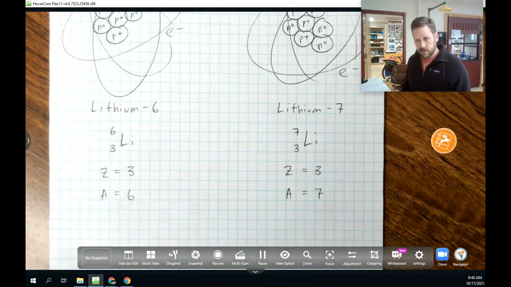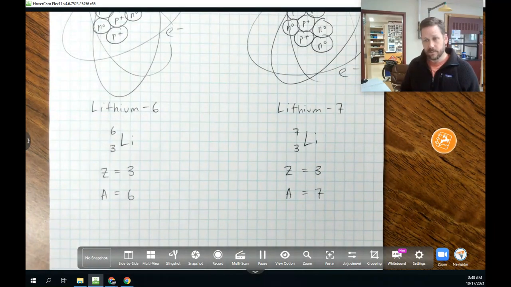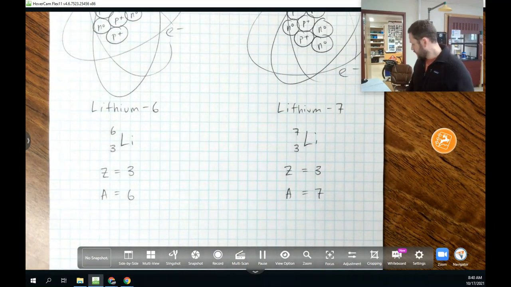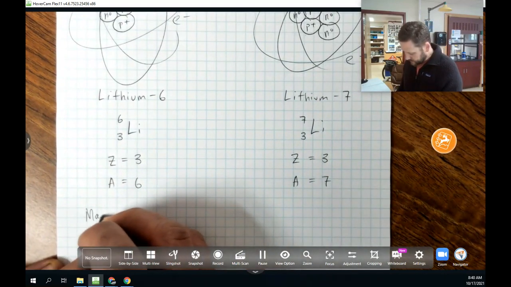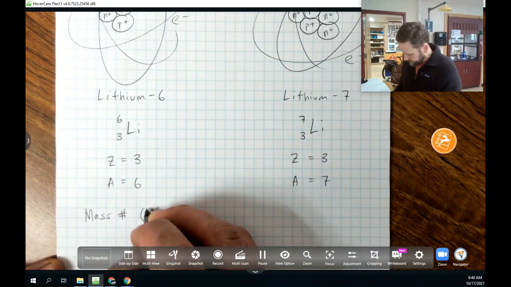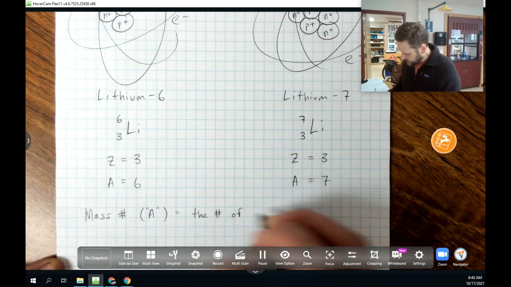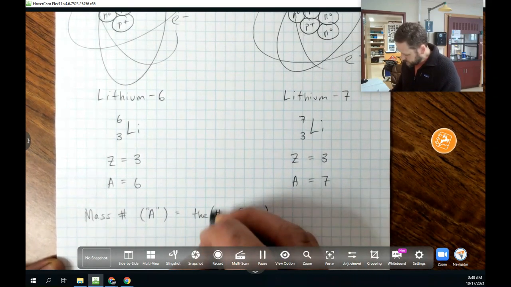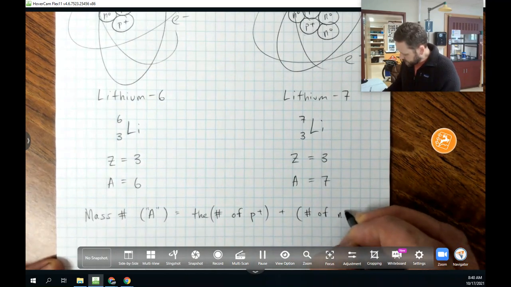I typically don't use the symbol A when I'm talking about mass number, and instead I will just write the words mass number, but we should define this in our notes. The mass number, which is given the symbol A, is the number of protons plus the number of neutrons.